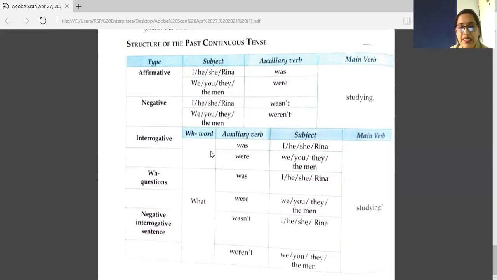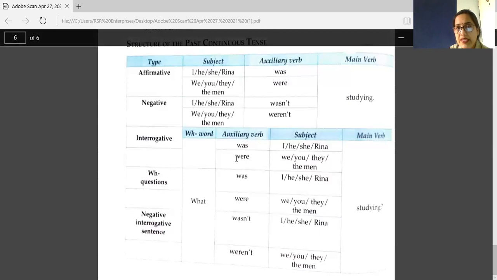Now, let's see interrogative. Okay, in interrogative, if we are using WH word, then with this singular one, what was he studying?